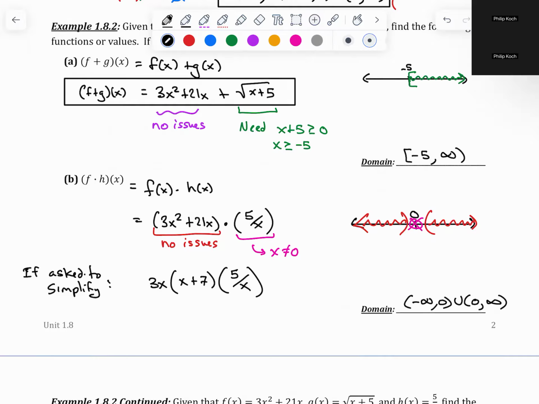And then the x's would cancel because the 3x, that's in a numerator because that's technically 3x over 1. And this x plus 7 is technically over 1. And that x from the 5 over x is in the denominator. Those x's cancel. And we get our final answer, which should be that f times h of x is equal to 15 times x plus 7, which you could also write as 15x plus 105.